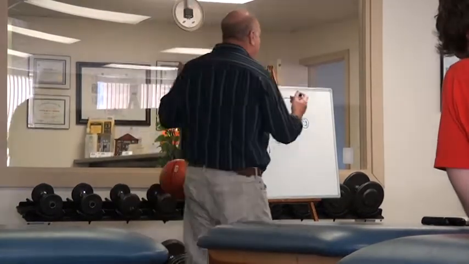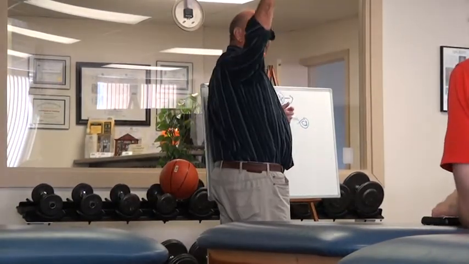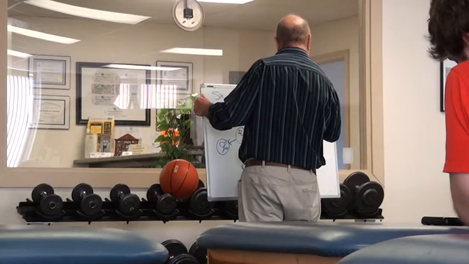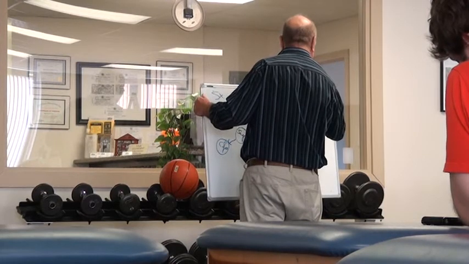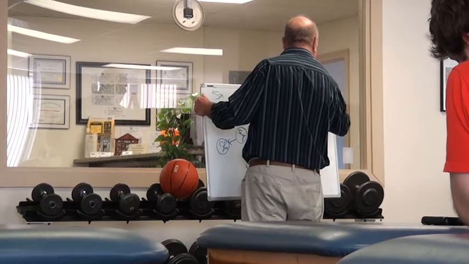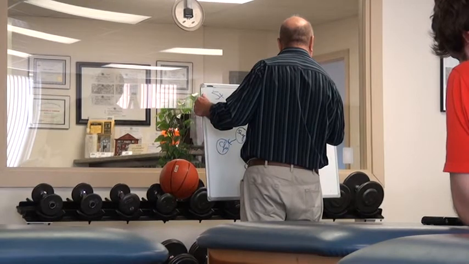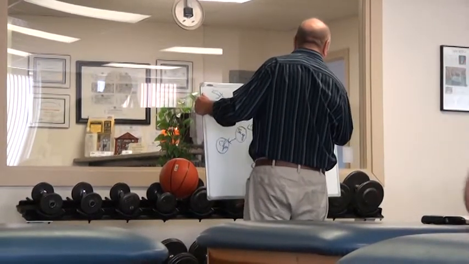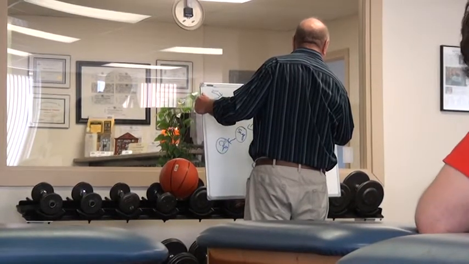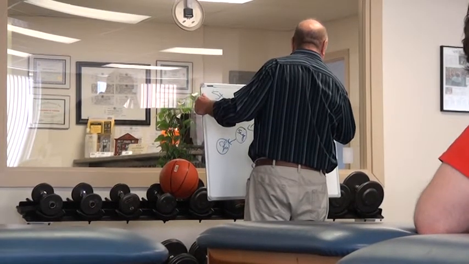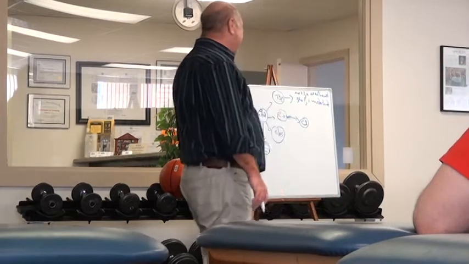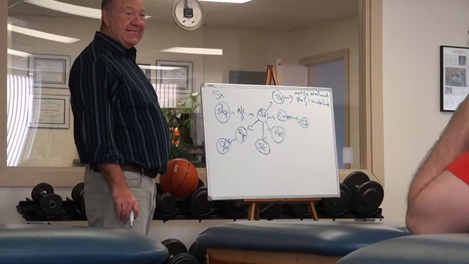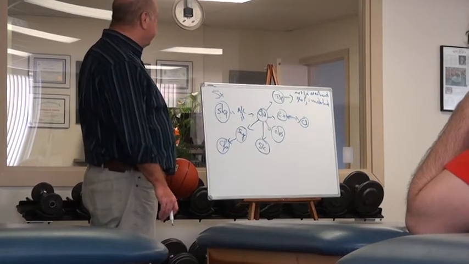So what we're going to be looking for is primarily, if it's an overhead activity, an extension hypomobility with overhead activities and a flexion hypomobility with underhead. What do you want to call that? Just hypermobility, which leaves it. Is that okay? Right, and then it gets some blocks, but who knows which way.